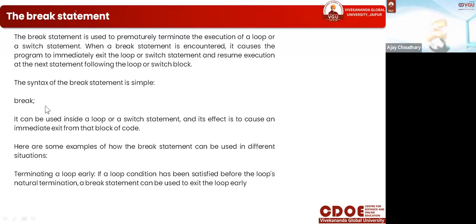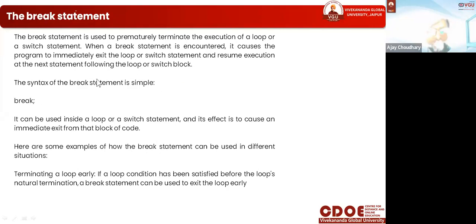We will not include any code after the break keyword. So the break keyword is used to permanently terminate the execution of a loop or a switch statement. When a break statement is encountered, it causes the program to immediately exit the loop or switch statement and resume execution at the next statement following the loop or switch flow.